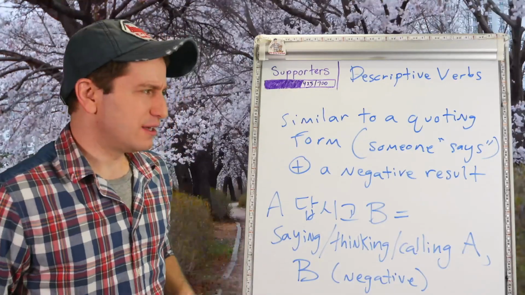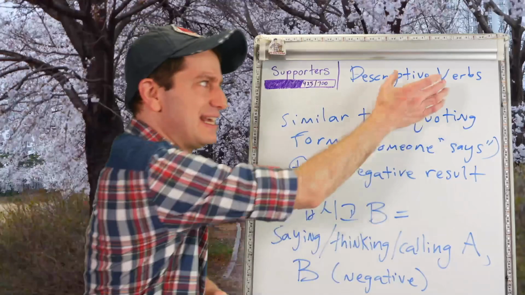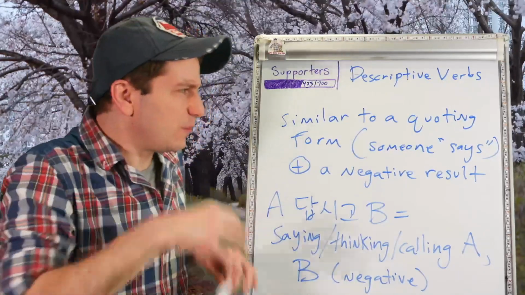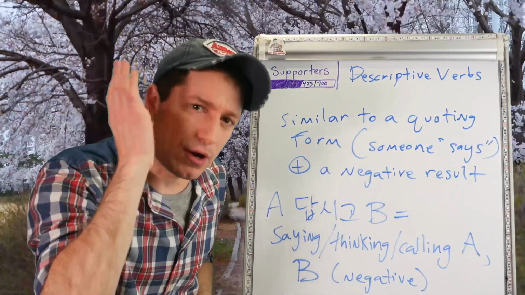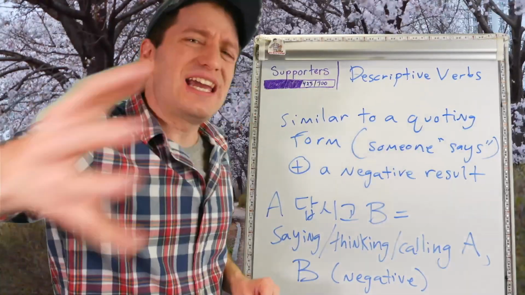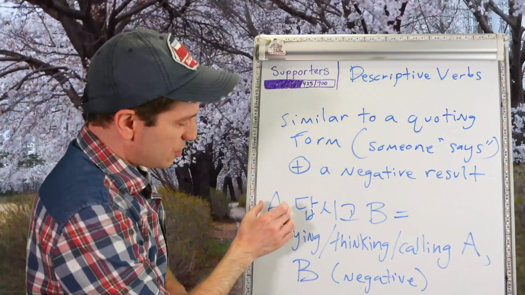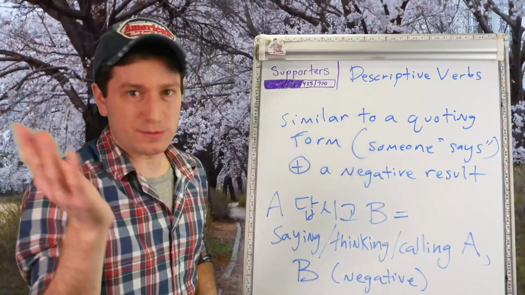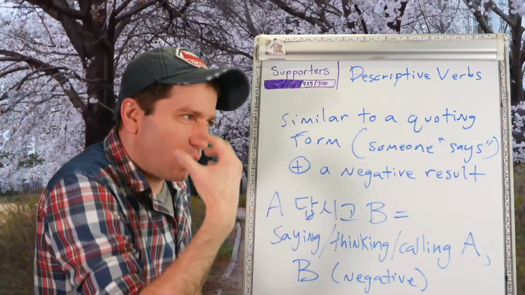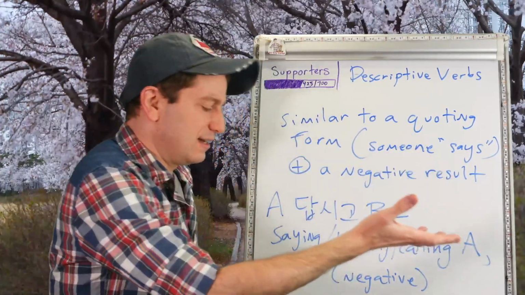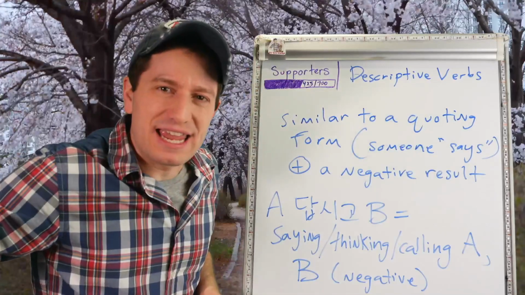For example, someone says that something is a descriptive verb. So someone says something, and already you hear some disappointment coming, and then there's some negative result because of that. So A 답시고 B with the descriptive verb, it's kind of like saying or thinking A, or calling something A, and then B, something negative.